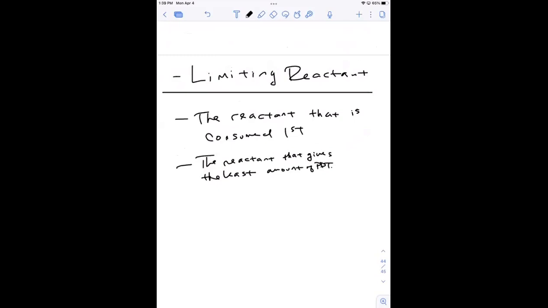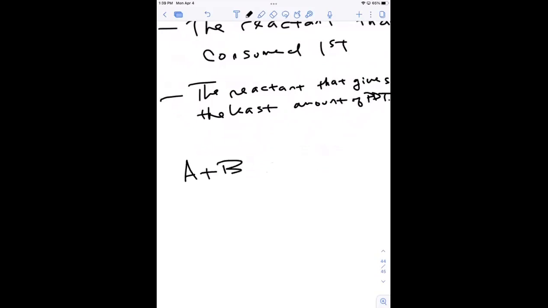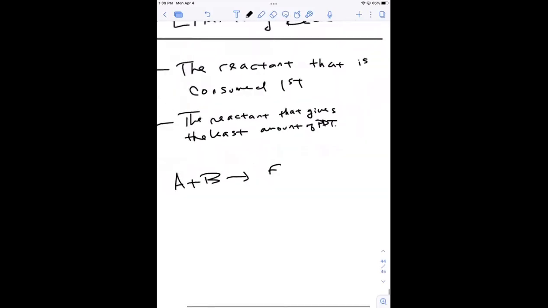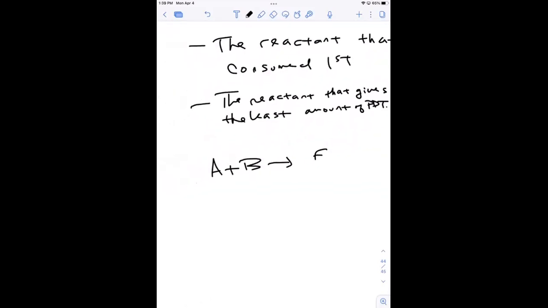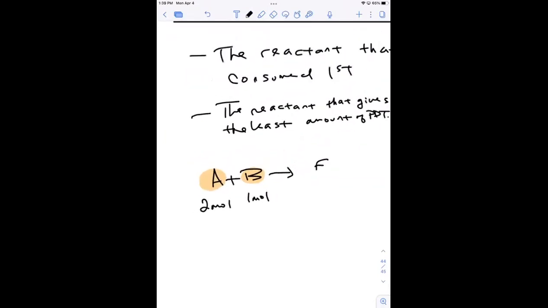All right, so let's give an example. If I have, let's say, A plus B going to F, and just for the sake of argument, let's say there are 2 moles of A and 1 mole of B. And when these two react, let's assume that F is formed and the reaction goes to completion, so everything gets used up.